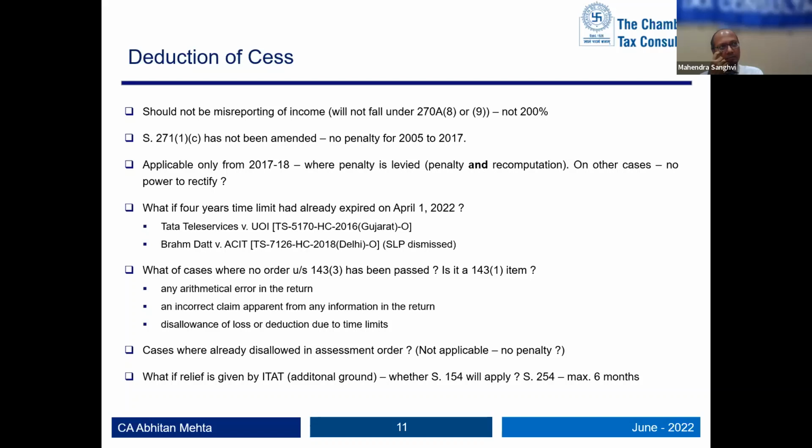The facts of both the cases were identical, a change in reopening period or a change in TDS provision, where instead of 3 years, it was extended to 6 years. So whether 6 years, if 3 years have already expired, the new time limit will not apply. If the period is ongoing, say 2.5 years have been completed or 2 years, then the extended period of 6 years would apply.